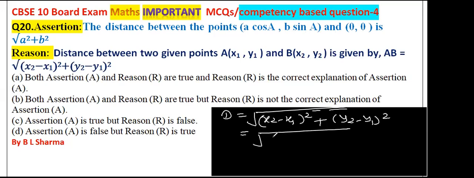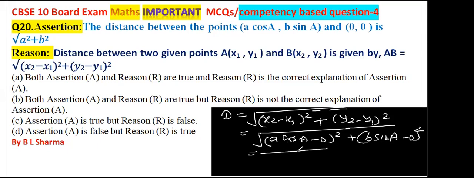Here you can say a cos A minus 0 whole square plus b sin A minus 0 whole square. So that is square root of a square cos square A plus b square sin square A. ये इसका डिस्टेंस हुआ.